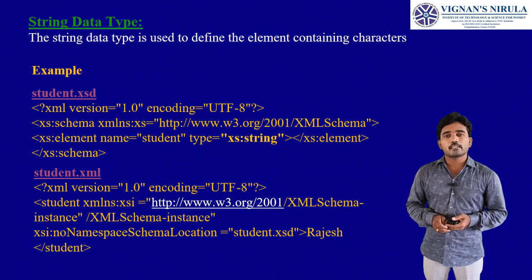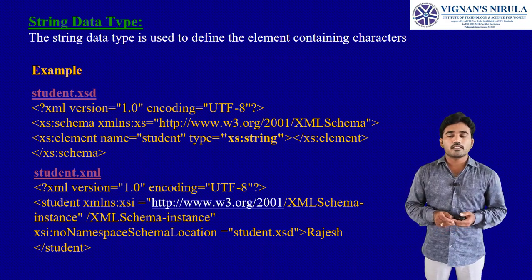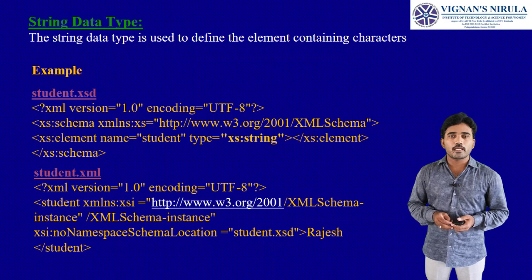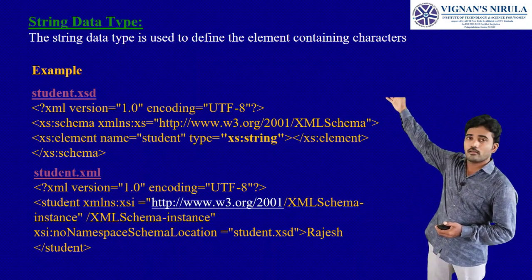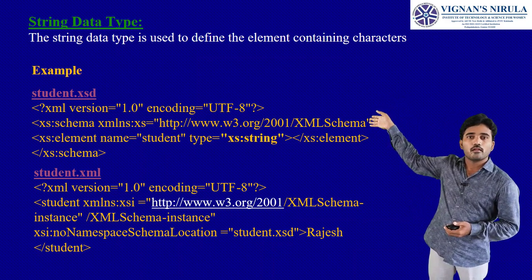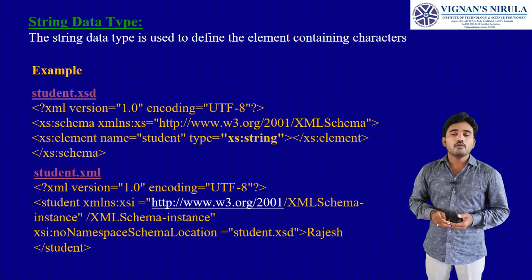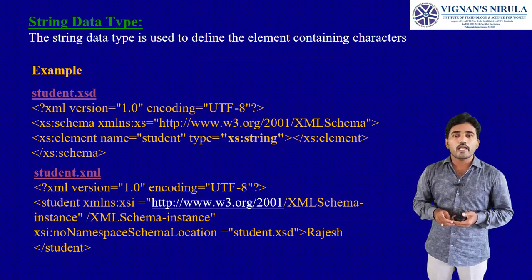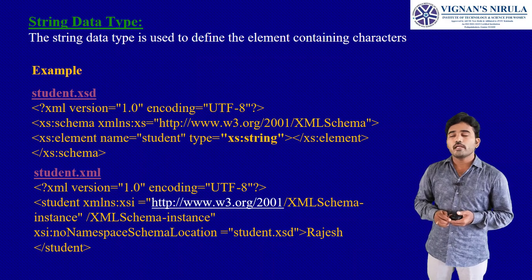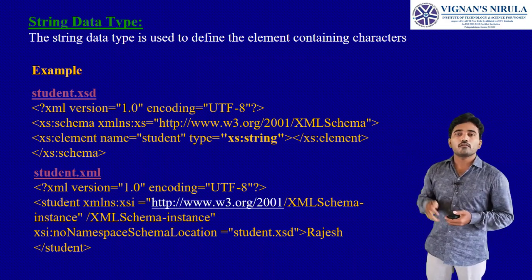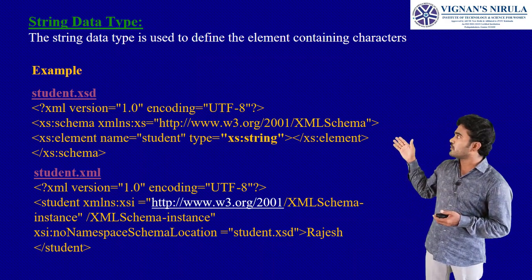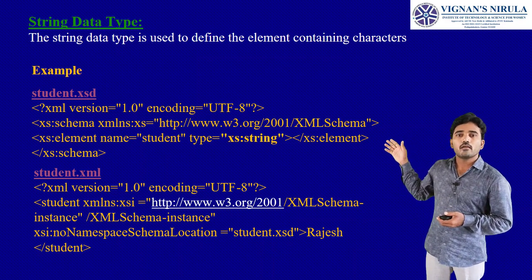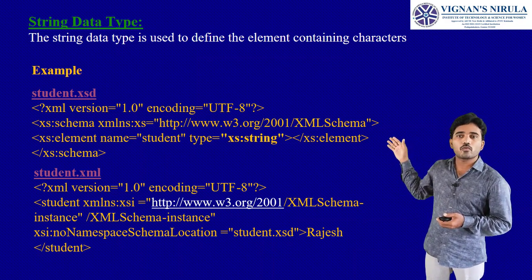The first one is student.xsd, the XML schema definition language, where I have written the XML schema. What have I written? The element name equals student, type equals xs:string. I have closed the xs:element.